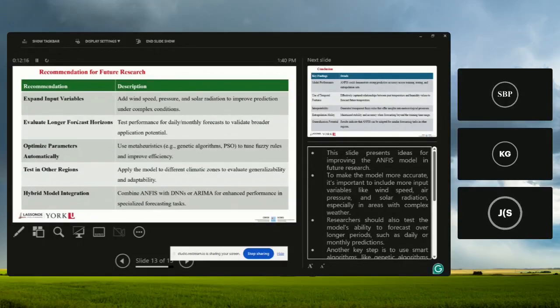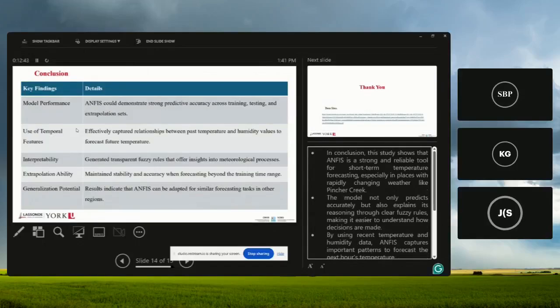Evaluate longer forecast horizons, testing performance for daily and monthly forecasts to validate broader application potential. Optimize parameters automatically, and test in other regions. It is very important that we test this model in other regions. And hybrid model integration: combine ANFIS with DNN or ARIMA for enhanced performance in specialized forecasting tasks.